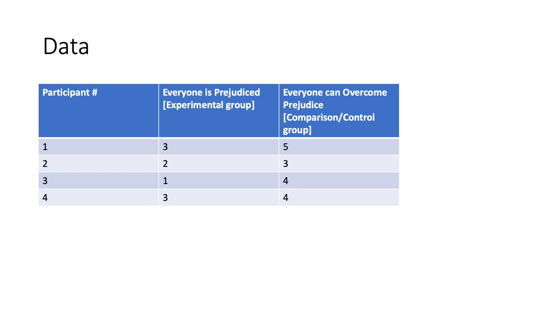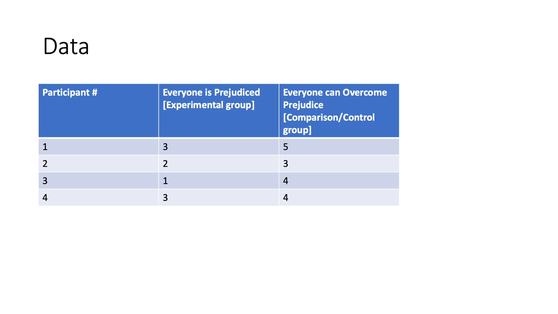So this data should look familiar to you. Now it's not labeled in a way that you see right away that it is beliefs in free will that are the numbers, but if you were paying attention, you know that it's beliefs in free will over prejudice that are the numbers in this data, except for the new participant column. So I have a participant column that allows you to see the linkage. Participant 1, when they read the everyone is prejudiced condition, reported their beliefs in free will to be a 3.